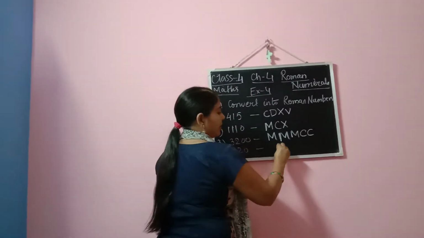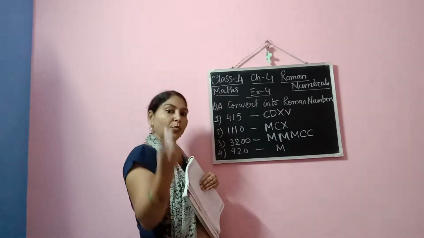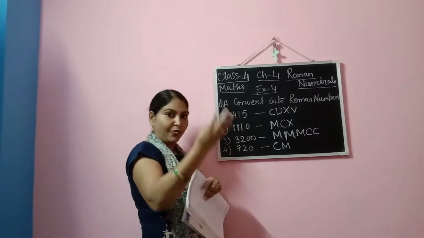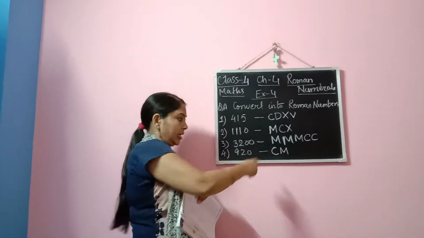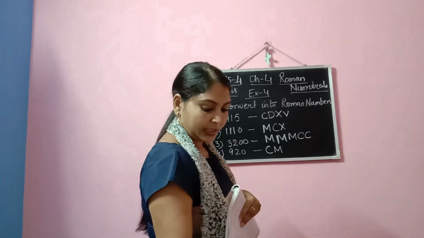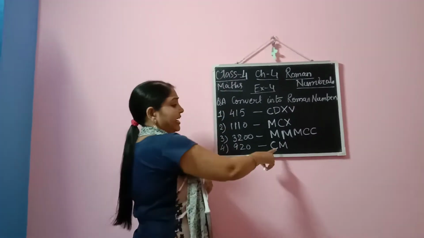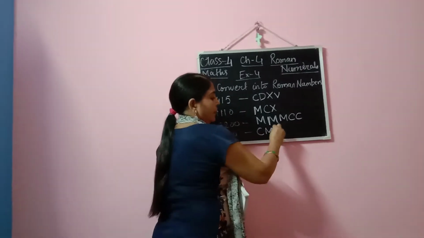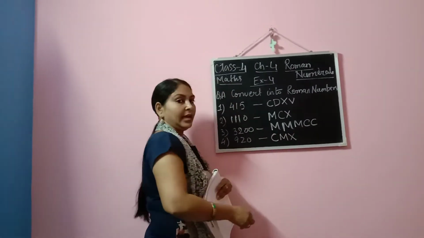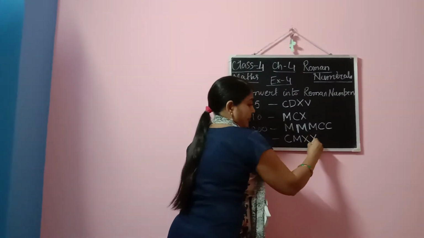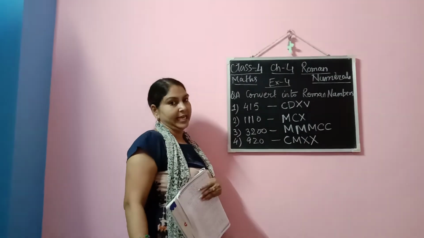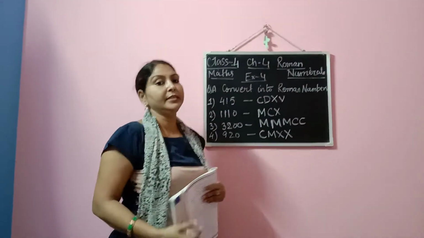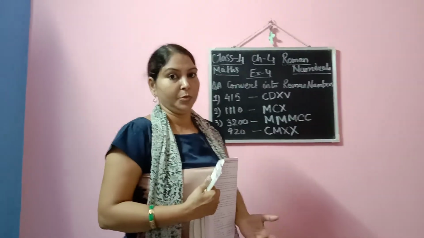If we subtract 100, then we have to write C before M. This is 900. Now we have to write 20: this is 10 and one more 10. So this is CMXX. 920 is written in this way in Roman numerals.